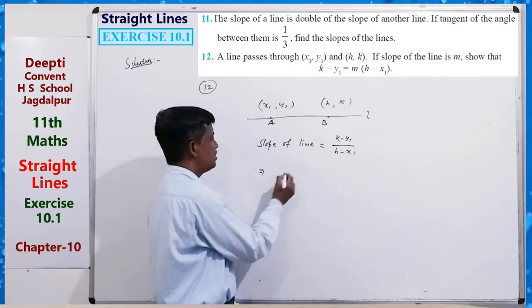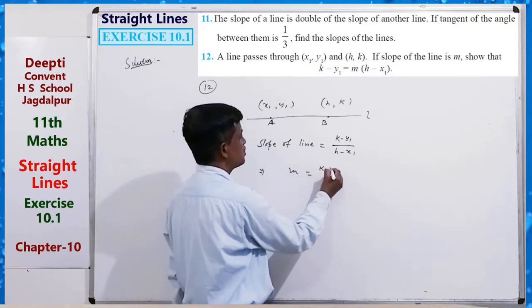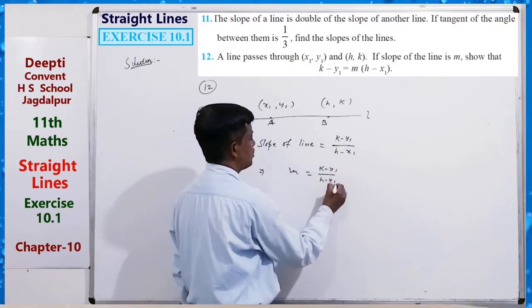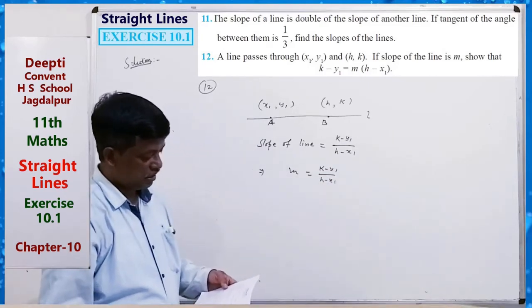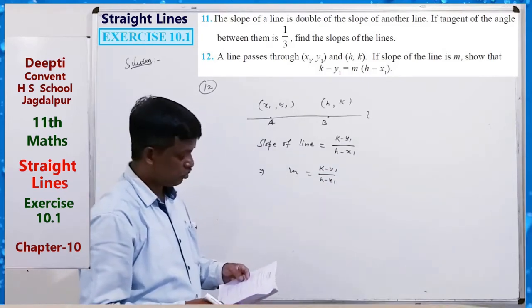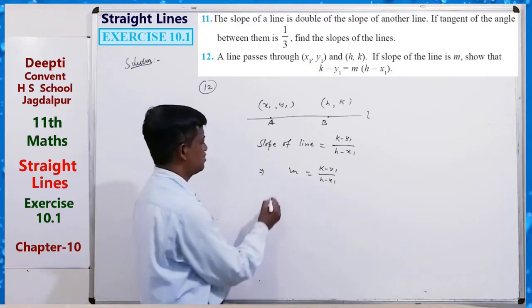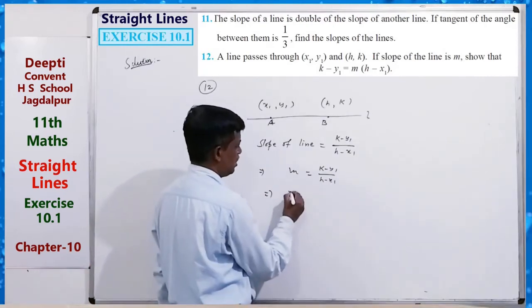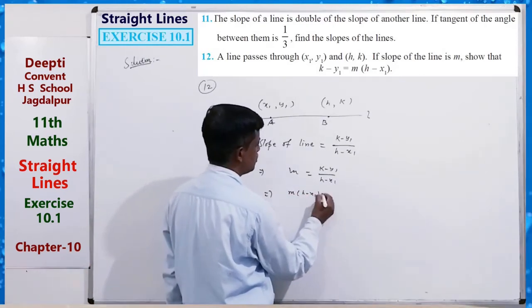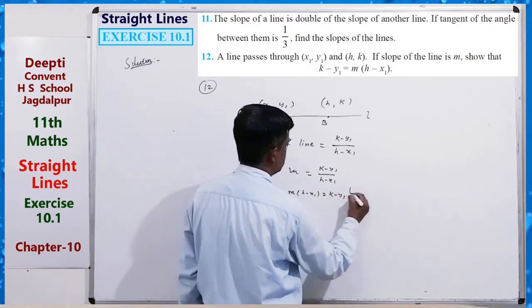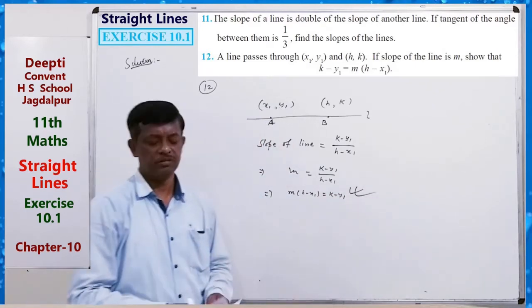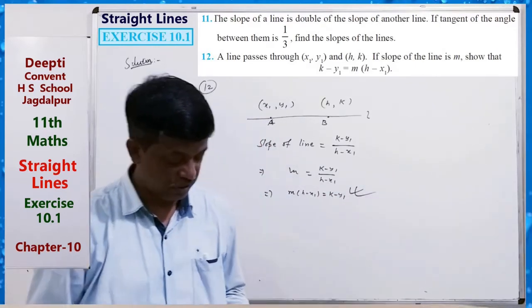And the slope of the line is given as m. We have to show that k minus y1 equals m times h minus x1. So m times h minus x1 equals k minus y1. Okay, so proved.